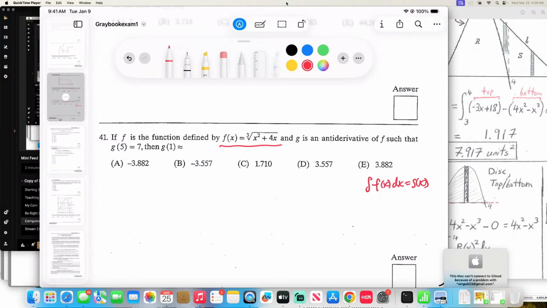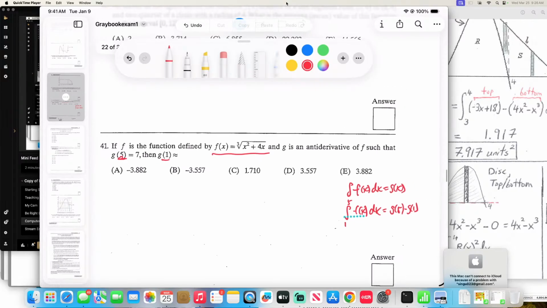But you need to see this one is called the initial condition, 5 and 1, right? So can I change that from an indefinite integral to a definite integral, from 1 to 5 of f of x? Does that make sense? And that's equal to g of 5 minus g of 1. Write out the fundamental theorem of calculus, because writing it out is going to help you. Is that okay so far?